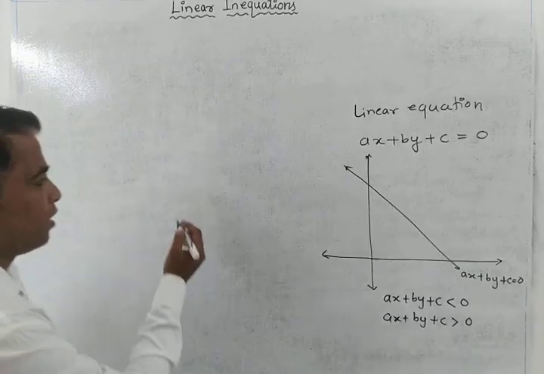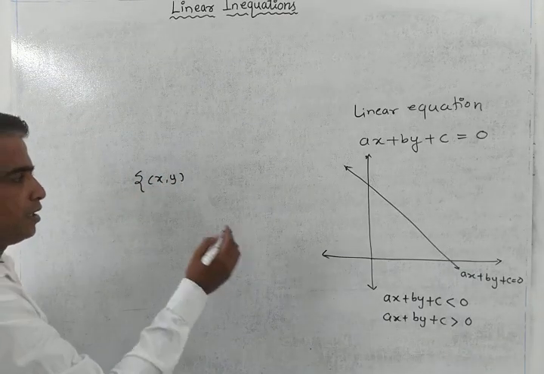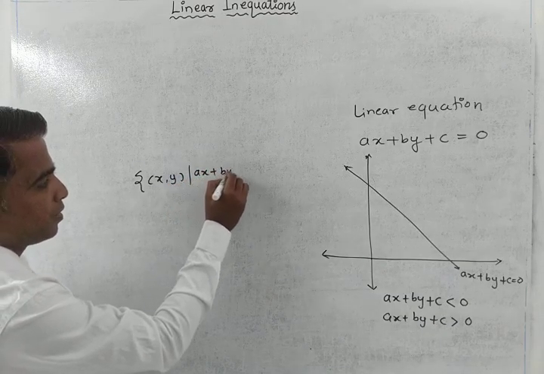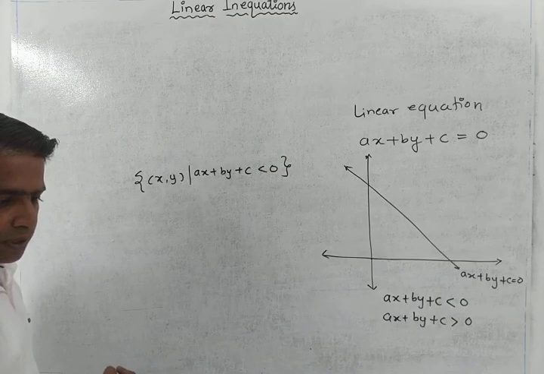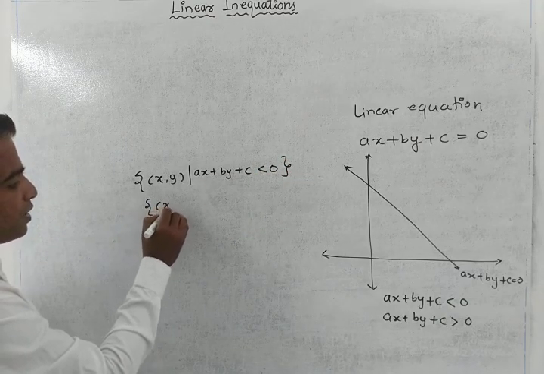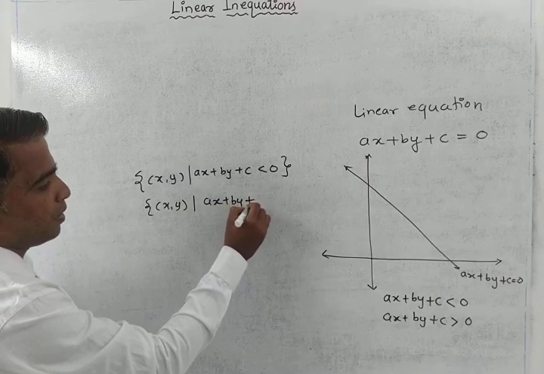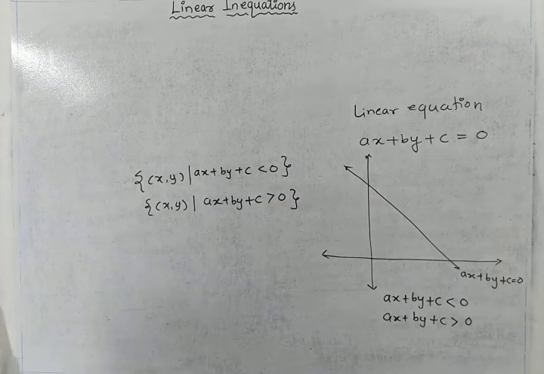Then we know that the set of points x, y such that ax plus by plus c less than 0 is one set, and the set of x, y such that ax plus by plus c greater than 0 is the other. So these two sets are possible.